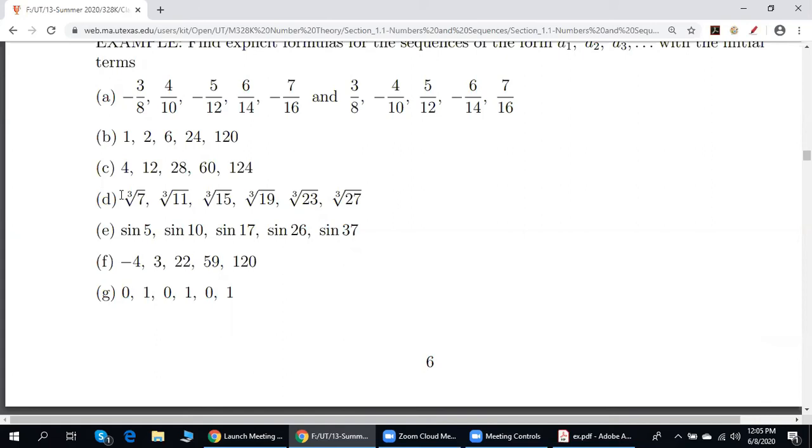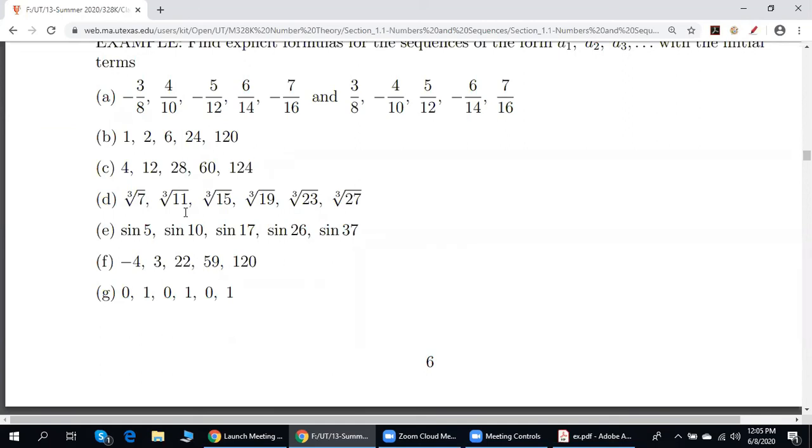Step 1, observe that inside each cubic root we have an arithmetic sequence, because 11 minus 7 is 4, 15 minus 11 is 4, and so on. So each number can be generated by the following formula: 4 times n plus something.